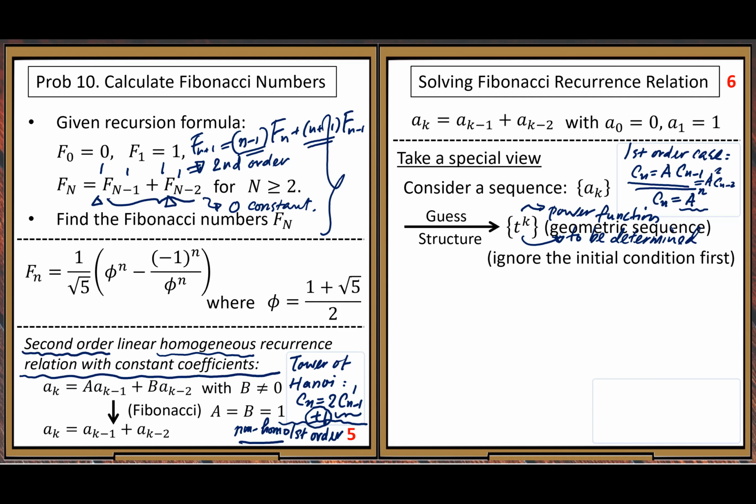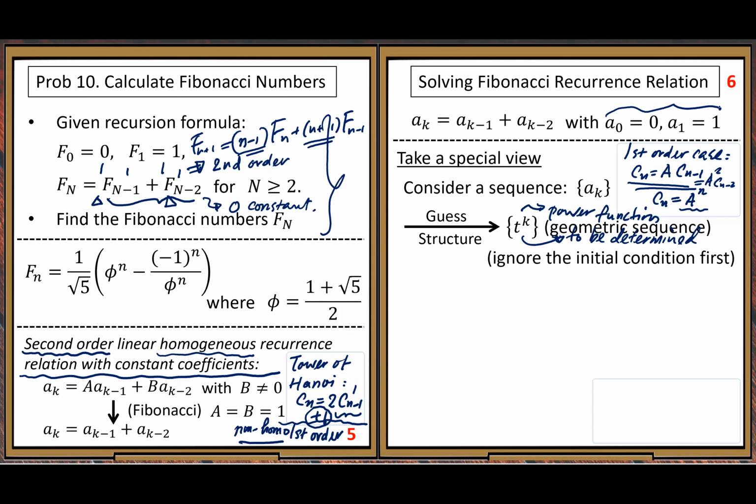But now let us determine the t value. When we determine the t value, for simplicity, we can ignore the initial condition, to avoid any complexity. We just want to make our current problem as simple as possible.